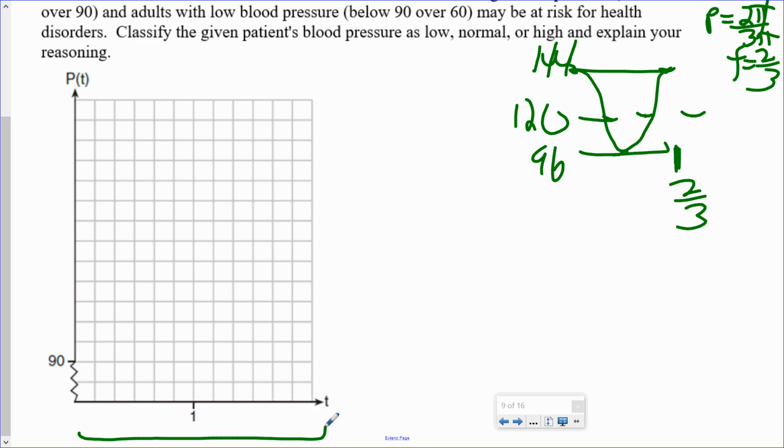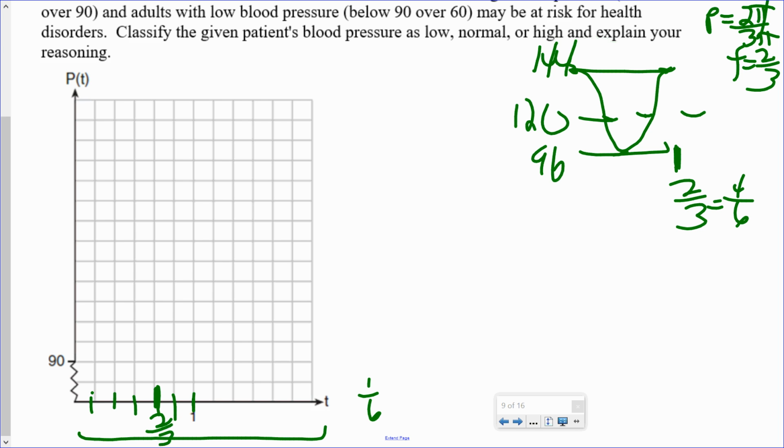I have to put it here. So where's 2/3? Well, it's 1, 2, 3, 4, 5, 6 boxes to get to 1, which means that each box is 1/6. 2/3 is the same as 4/6. So this right here is 2/3.